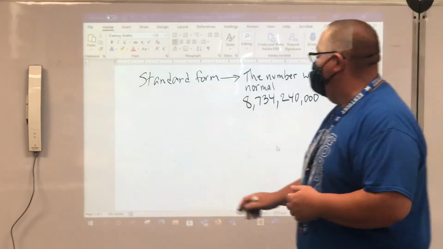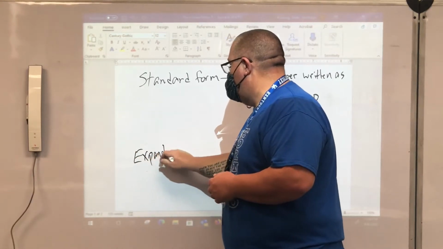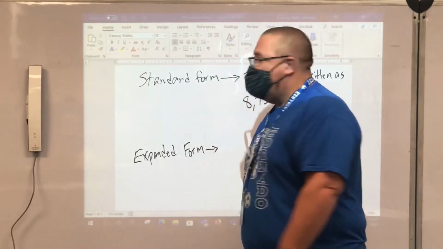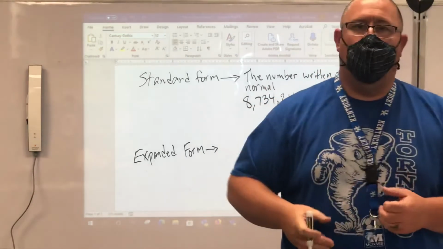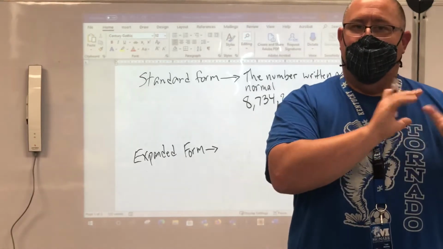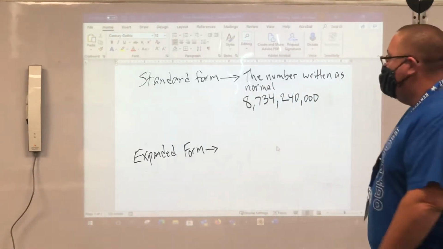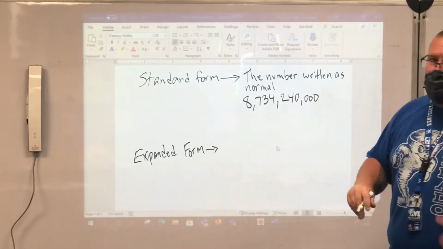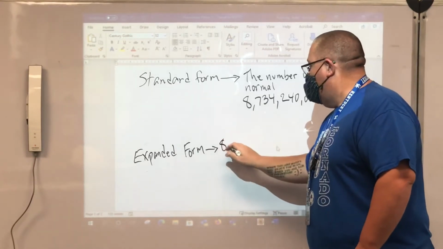From standard form, we have something called expanded form. Expanded form is, as was mentioned before, where we're using the pluses, breaking down each individual unit within the period. If we write this number in expanded form, we look at how many billions we have. We have 8 billion.